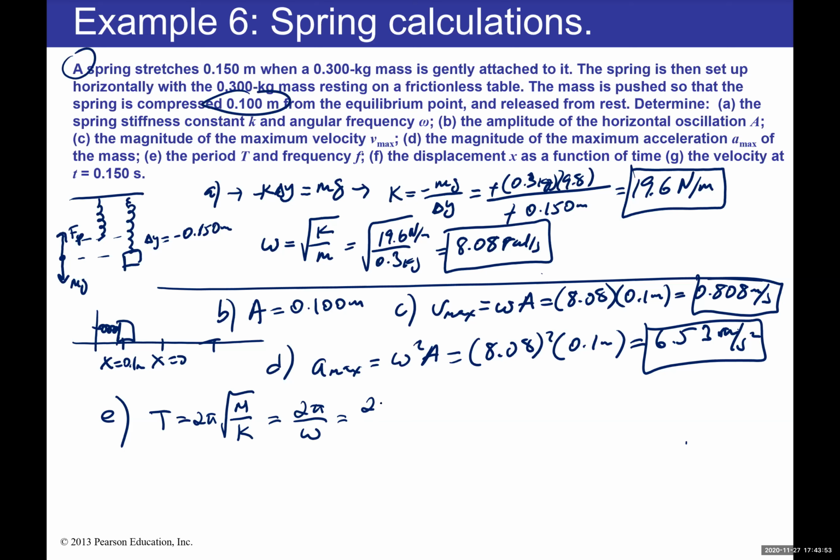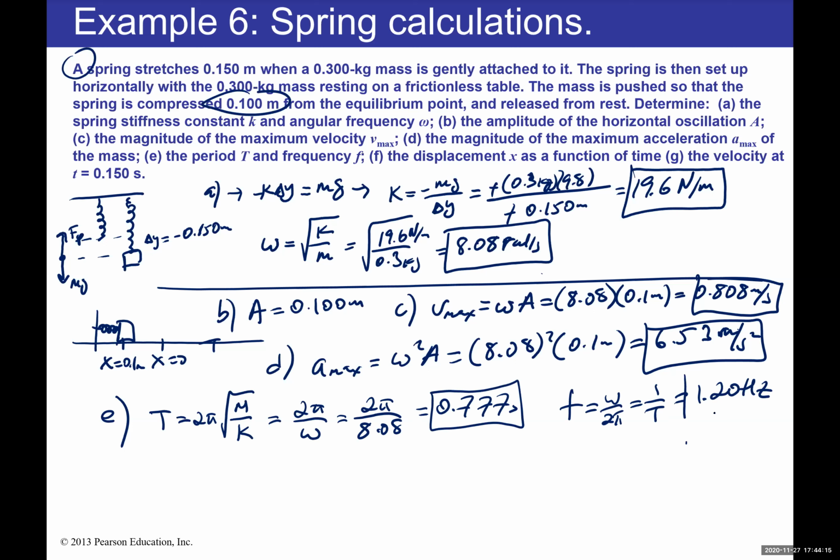I can probably use 2 pi over 8.08, a little bit easier, but same thing. If I do that, I'm going to get 0.777 seconds. Then frequency, you can calculate a number of ways, which is omega over 2 pi, or just 1 over the period. Either way, just plug in and get 1.2 hertz, which is probably easier to do as 1 over the period.